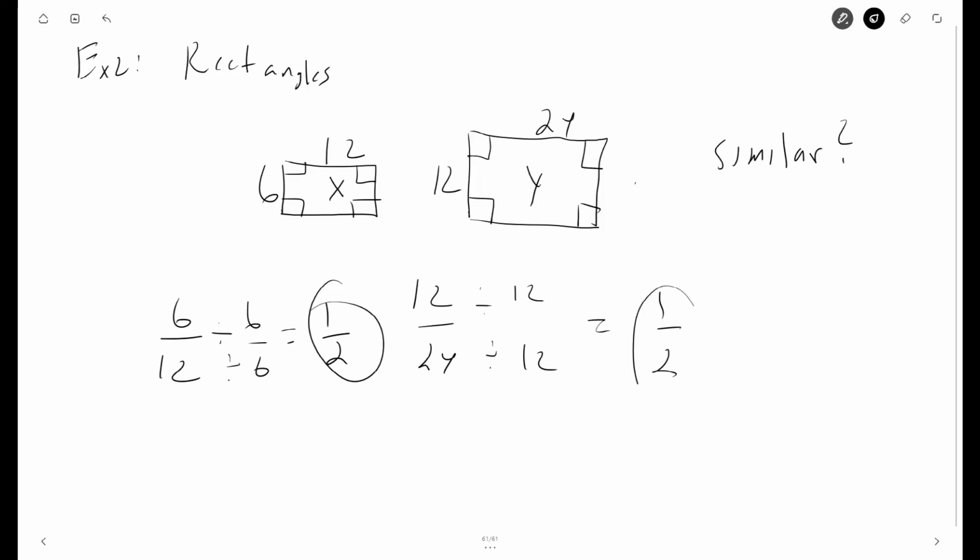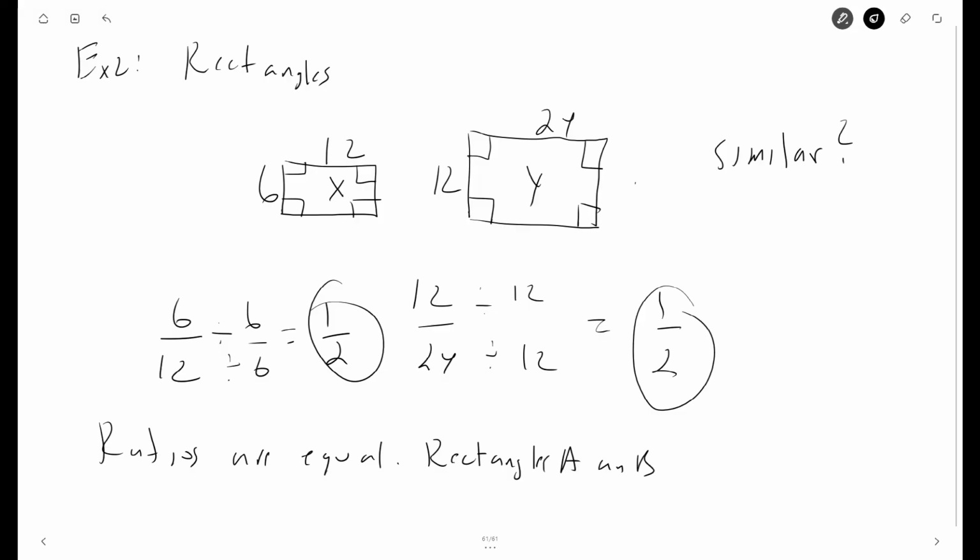So both ratios are equal. That means rectangles X and Y are similar.